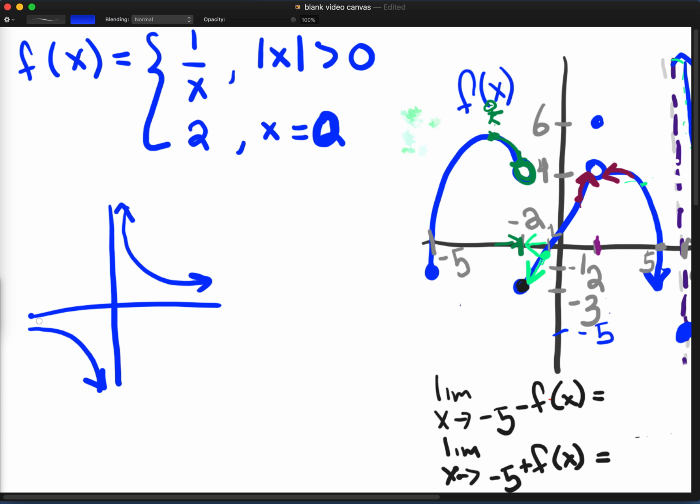But then it equals the number 2 when x equals 0, right there. So that's why I said it's not a function that you have seen so far. It's a little bit on the weird side. But in calculus, we have a lot of weird functions along those same lines.